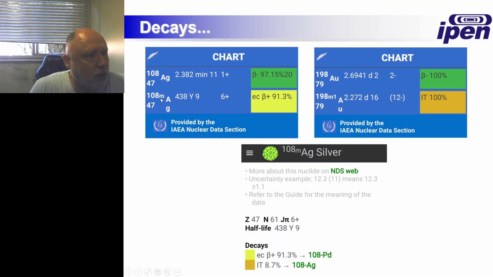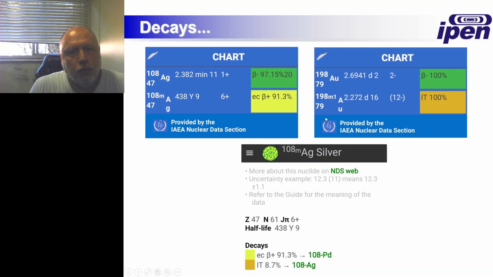So you see that an excited state can have a half-life much larger than the fundamental state. It's not the most common thing, but it does happen. And in this case, you see that silver 108 metastable decays by electron capture and beta plus, not by beta minus. You see, there's a trick here.